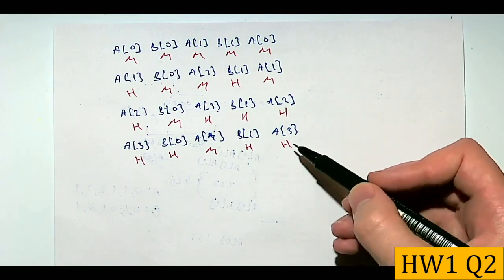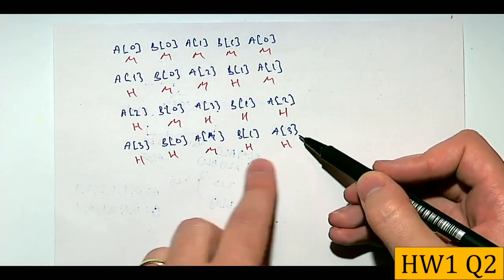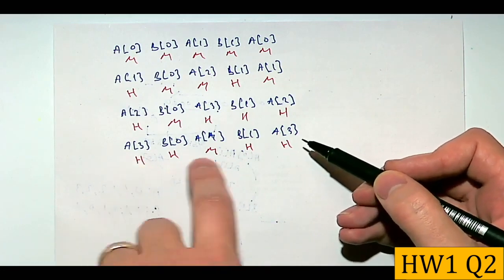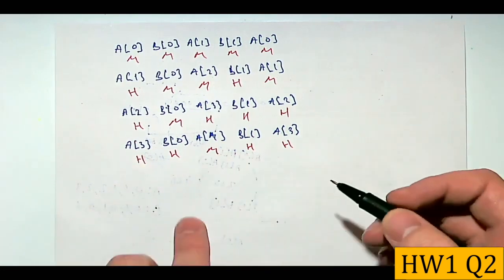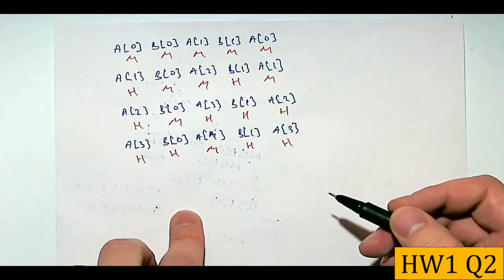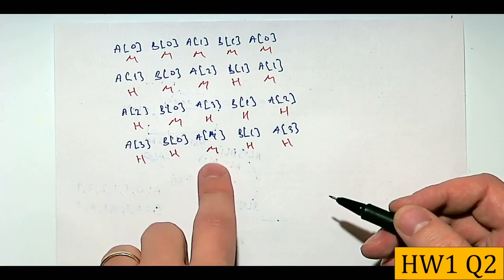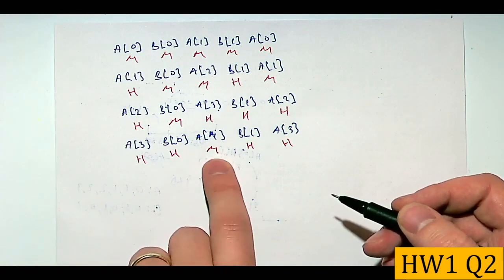And we will also always get a hit for A3, because we first access it at the beginning of the iteration, and then B won't conflict with it. And every second iteration, we will get a miss on this element here.